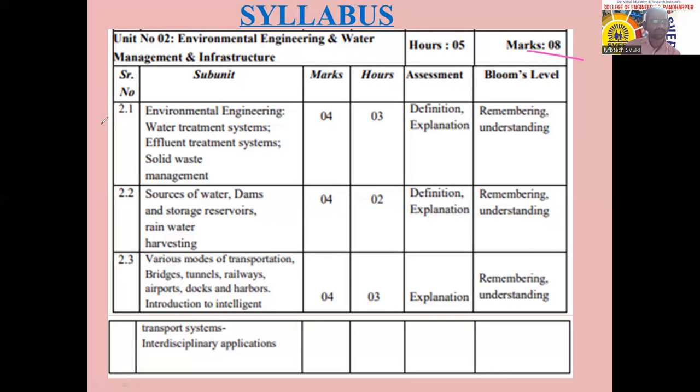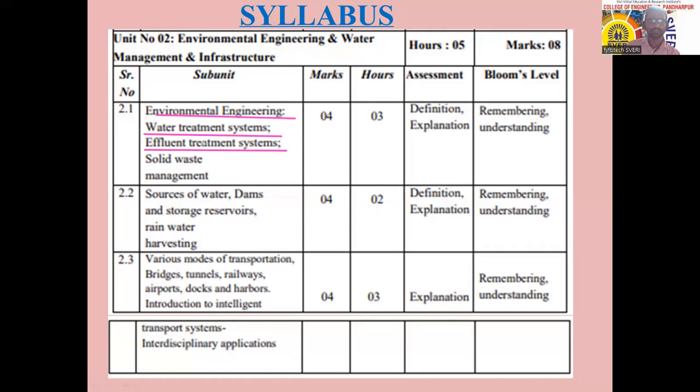So in this chapter, what all is there? Environmental engineering: water supply engineering and water treatment system, which we have studied, that is how to treat the water. Then we have studied the effluent treatment system, ETP, effluent treatment process.